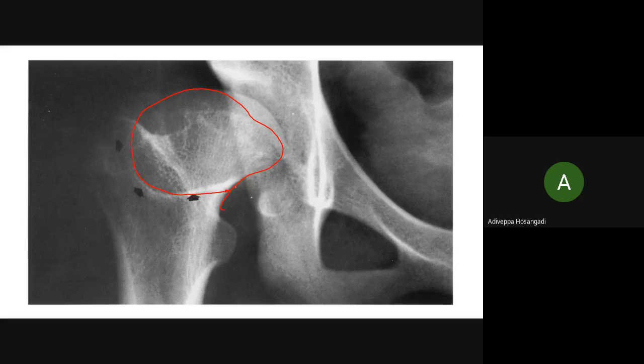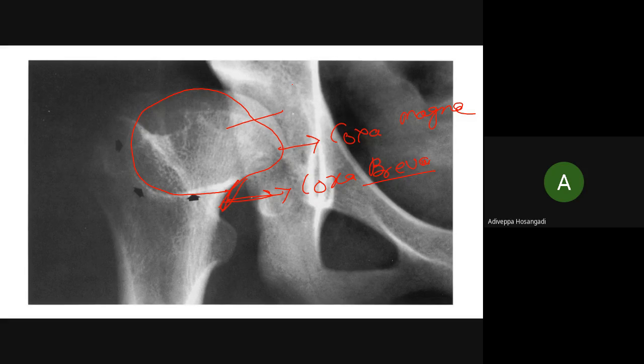Very big head, there is no neck. Big head means coxa magna. No neck, or short neck, means coxa breva. Breva is what? Small. Longus and brevis, you know, isn't it? So coxa breva, coxa magna. Magna means large head. These are a few signs of old Perthes.